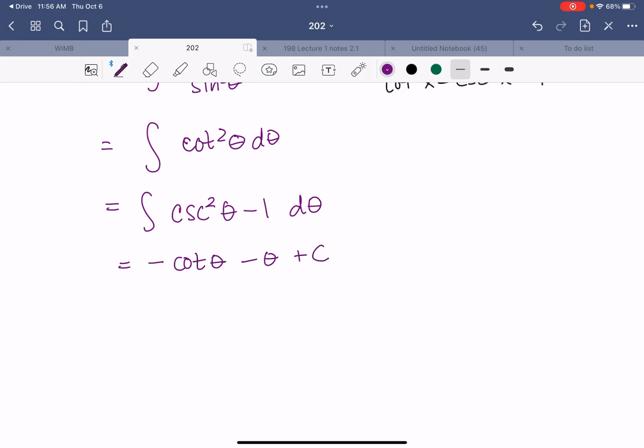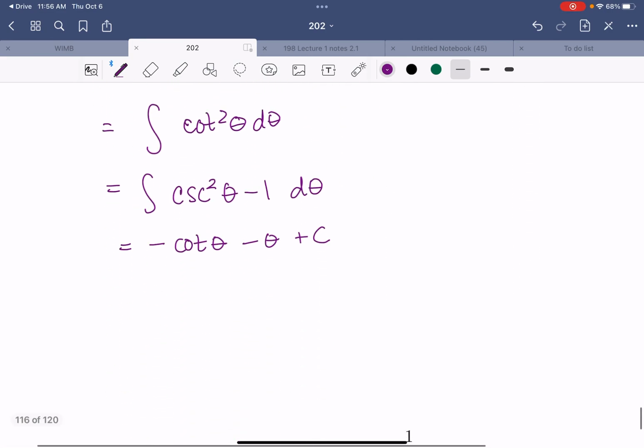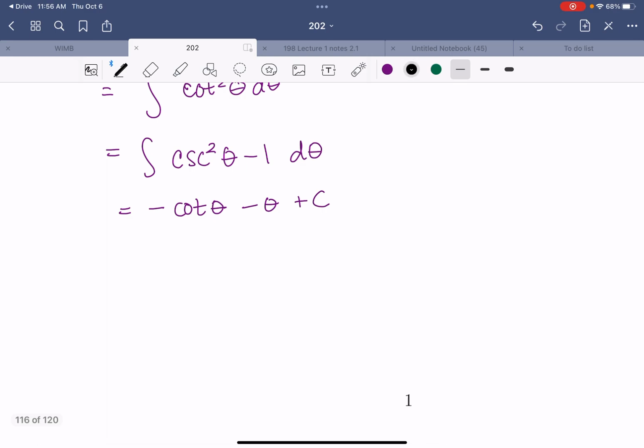Okay. Now, I've got to work myself backwards, right? So, how do we do that? Remember that we made the original substitution where x was 2 sine theta. That means if I solve for theta, x over 2 is sine theta. Now here's where things get a little bit tricky.